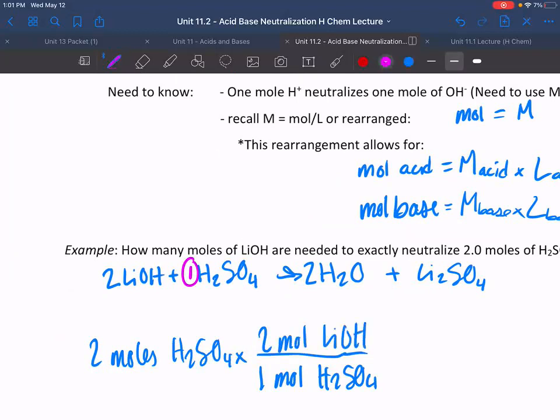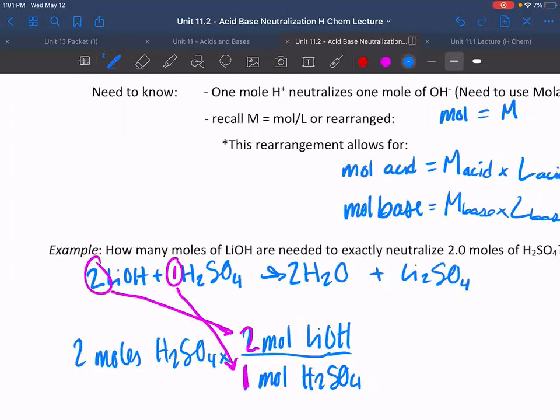So where I'm pulling these numbers from is that molar ratio. Now, I'm fine if you guys can do this in your head. That's great. I'm just showing you where this is coming from. So how many moles of LiOH will we need then? 4.